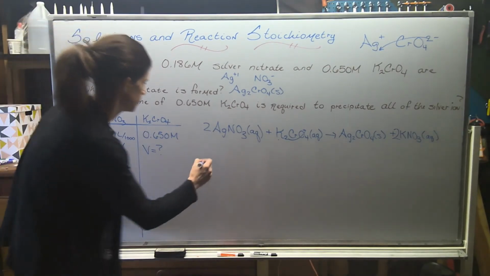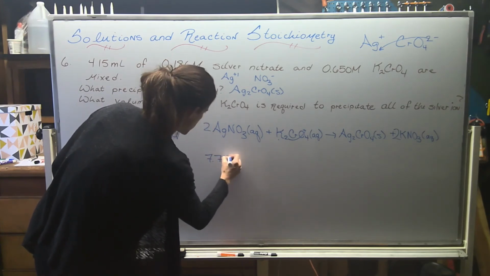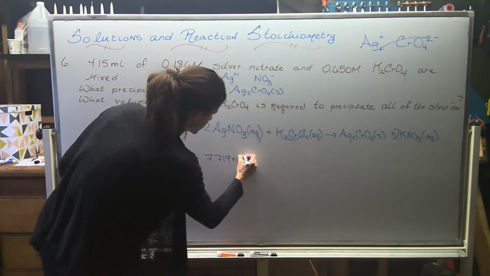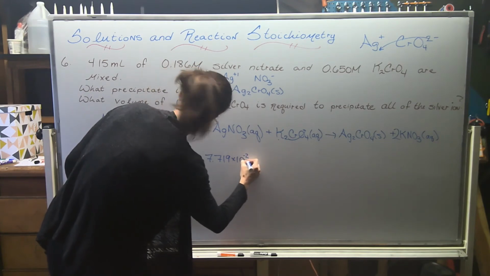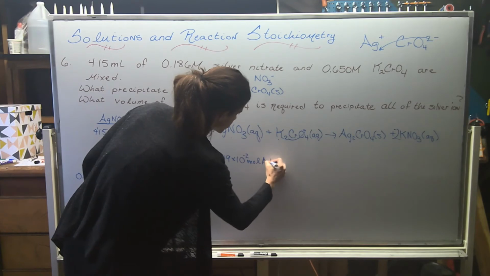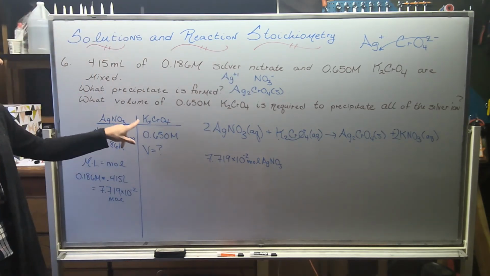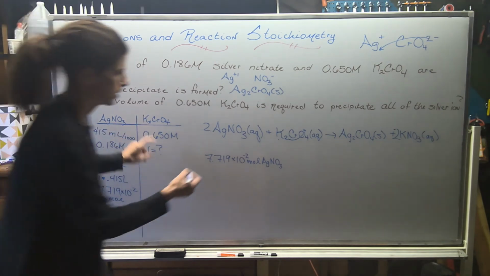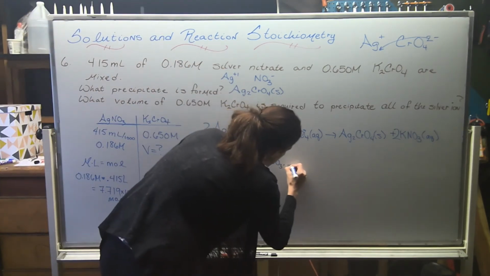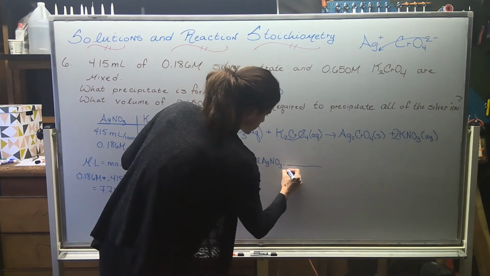So let's do that. We have 7.719 times 10 to the negative 2 moles of silver nitrate. I'm trying to get rid of silver nitrate and get information about potassium chromate. So I'm going to use the coefficients of my balanced equation.